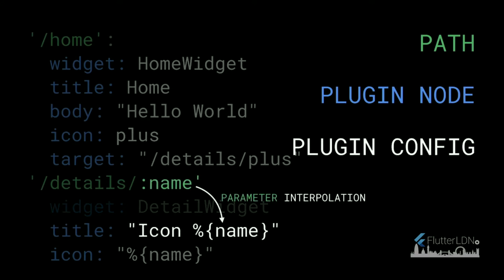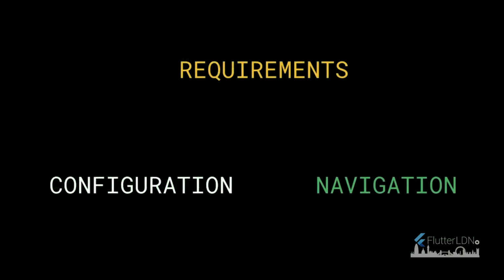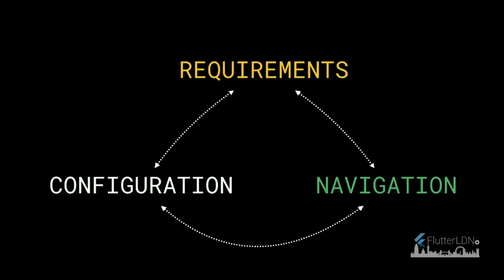Tiny detail, you also get parameter interpolation within YAML, meaning you can get any argument from the path and put it within the config. And in this presentation, I'm going to reuse these terms as synonyms, because in the context of Voyager, they practically mean the same.